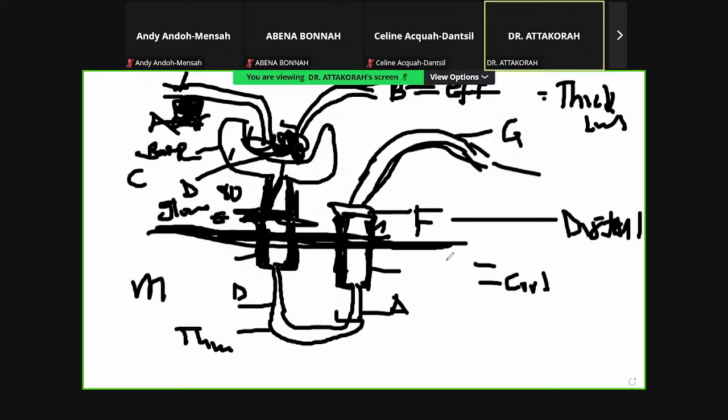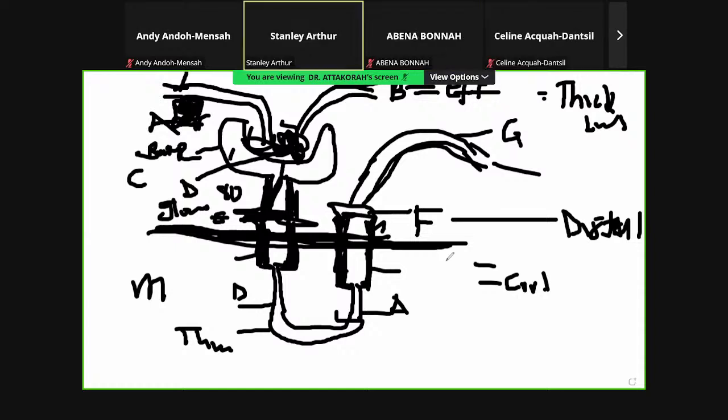Stanley. Oh, Dr. Attakorah. Yeah, I think that area would be thicker because of the reabsorption that will take place.